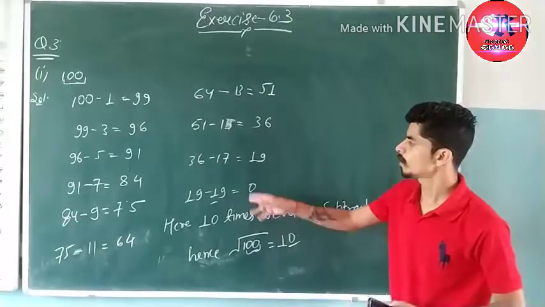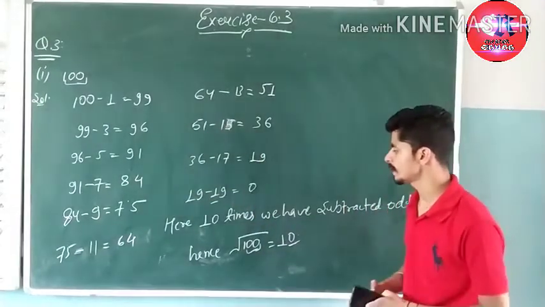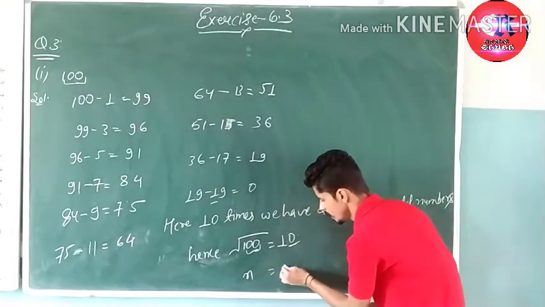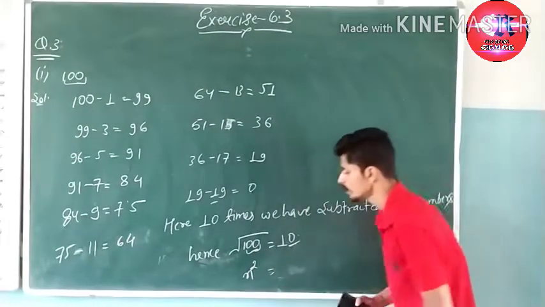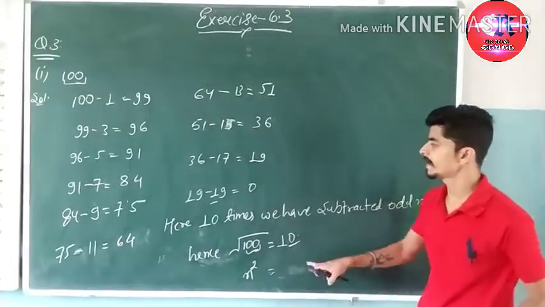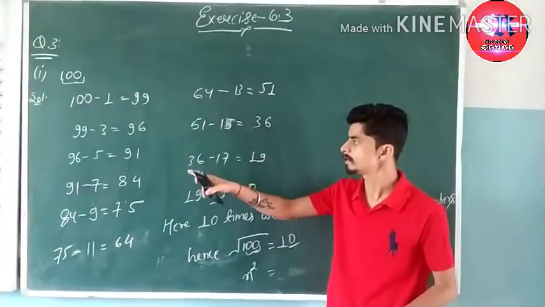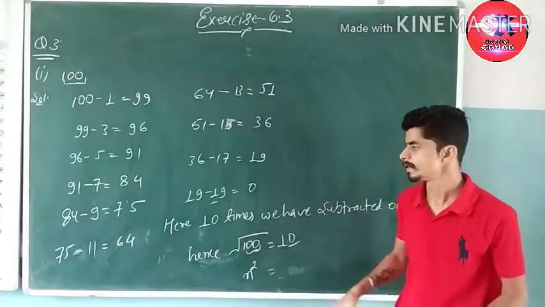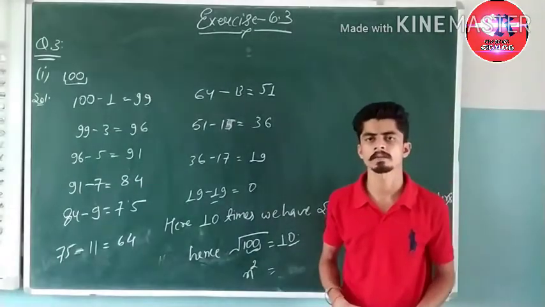So the sum of all these numbers is n square. Suppose that this is the number, so it will be n square. If we add all these numbers 1, 3, 5, 7, 9, we get n square, that means 100. So that's all the solution of question number 3.